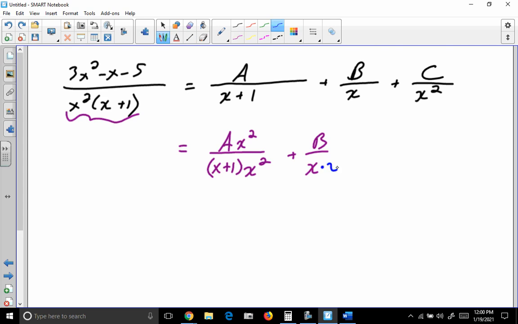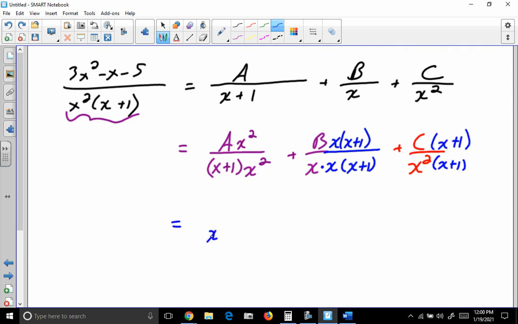We need another x on bottom, and we need an x plus 1. The next one already has an x squared on bottom, so we need an x plus 1. So now that all of those have the same denominator, x squared times x plus 1, we can put the numerators together.